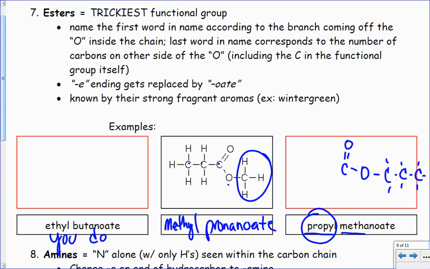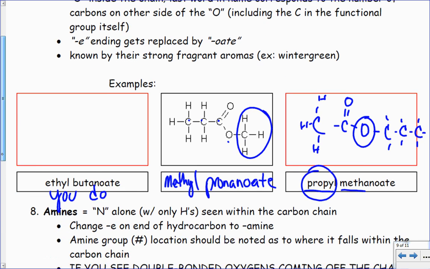And then on the side of the carbon that doesn't have the O, I have a methyl, which is 1 carbon. So notice this one has nothing to do with the number of carbons. I actually have more carbons on the right-hand side here. This particular one has to do with where that specific O is, and that's how I have to use those rules. Okay? Amines have nitrogen in them.